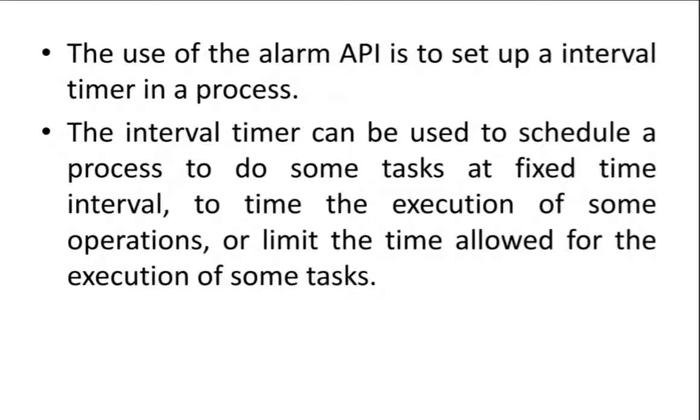So if I want to limit the time, I can do that using this interval timer. How can you set this interval timer in a process? You can use an alarm API. If you want to know more about the alarm API, the explanation is in the Unix system programming playlist. You can go through that video.